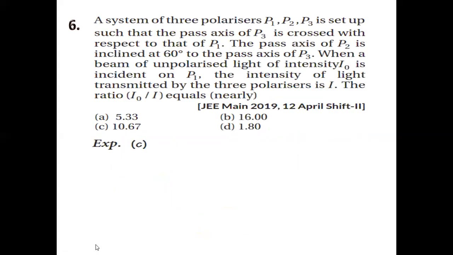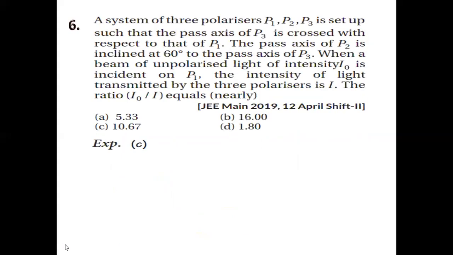Now see the next question. A system of three polarizers, P1, P2, P3 is set up such that the pass axis of P3 is crossed with respect to that of P1.